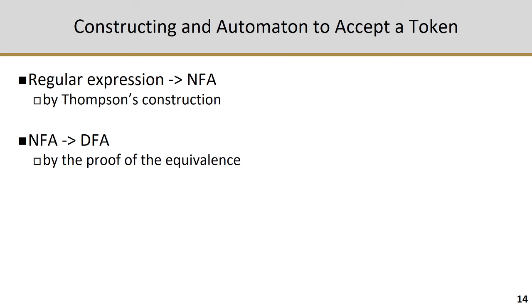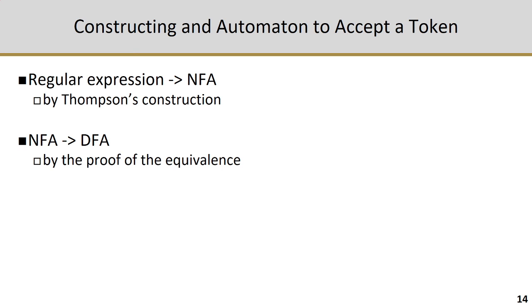And finally, how are we to construct a program code to identify certain tokens? First, if it is defined by a regular expression, we construct a non-deterministic finite automaton by Thompson's construction, where this automaton accepts exactly those strings which were defined by the regular expression.